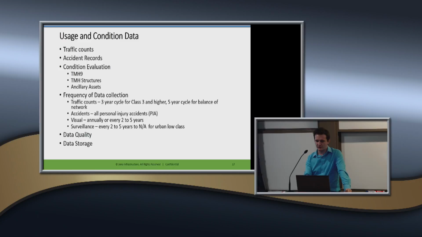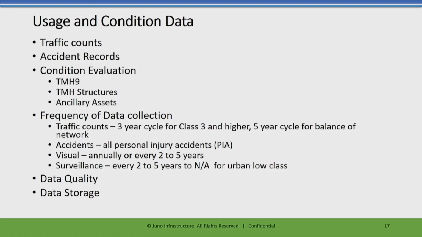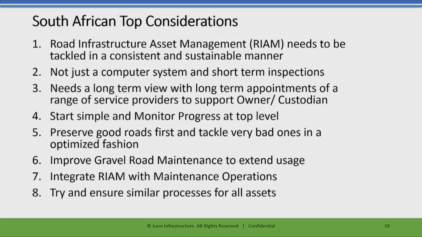So again, in terms of this data, you're getting it from your various sources. We try and do assessments on average every 2 years, depending on whether it's traffic counts, accident data, visual assessment, and different surveillance. So for our South African considerations, we need consistency.